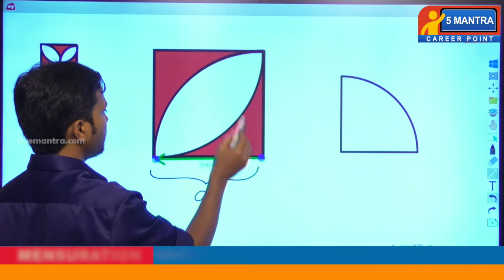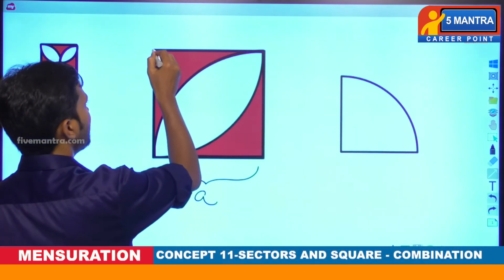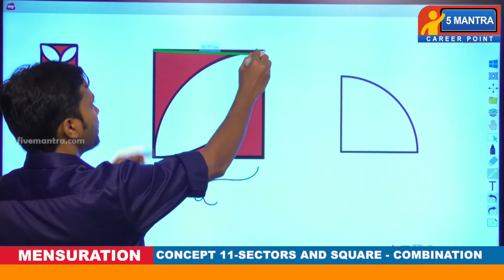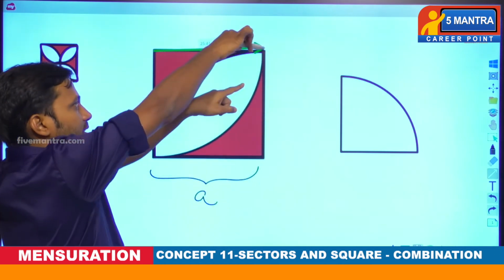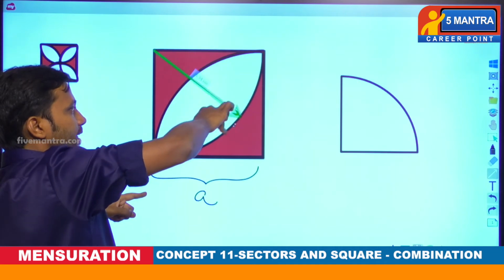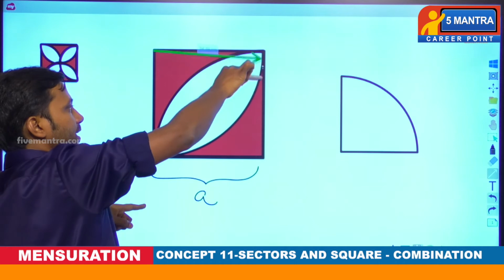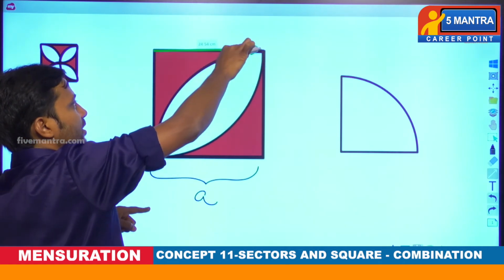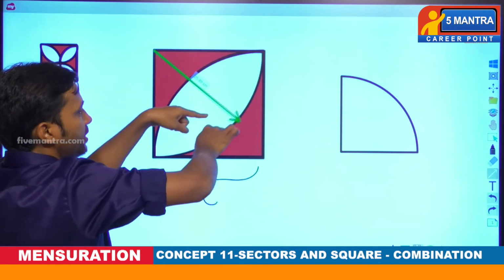Now if you draw the same thing from here also, this is a side, which is equal to a. Now if you draw the sector here, is this a sector or not? This is also one more sector with radius equal to side. Here the side is this, and the radius is the same.